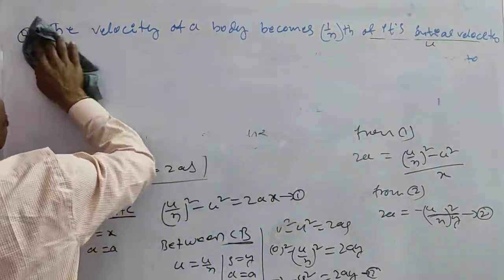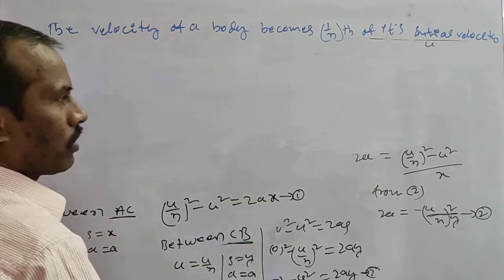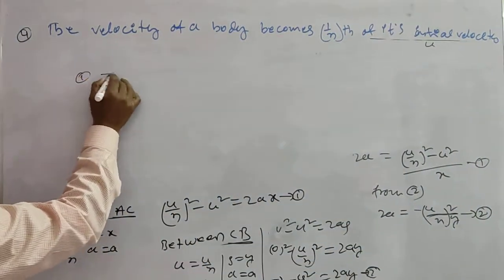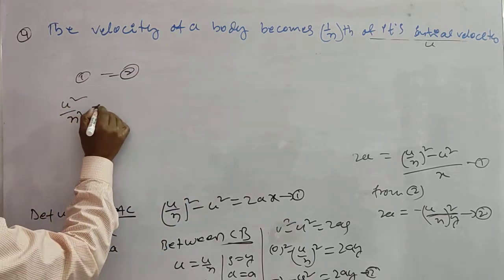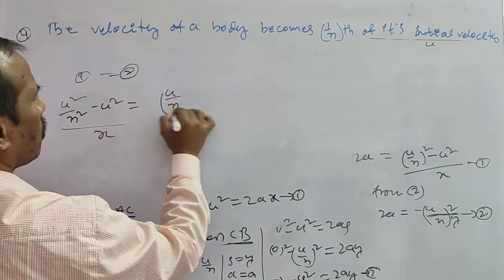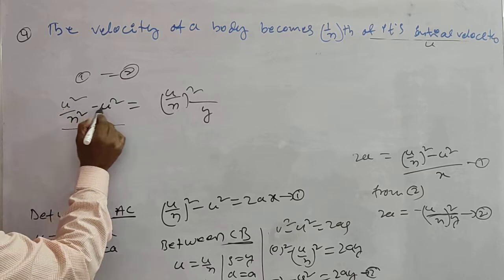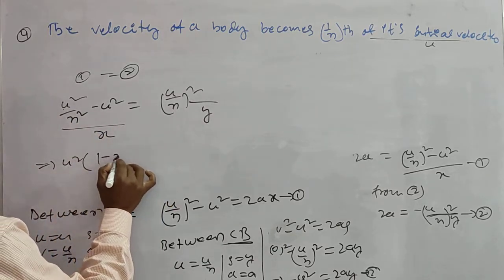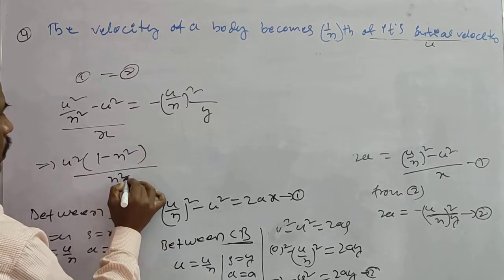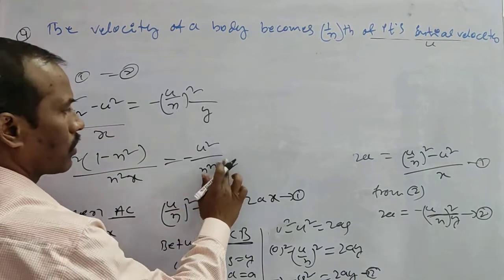Equating equation 1 and equation 2: u squared by n squared minus u squared by x is equal to minus u squared by n squared y. Simplifying, u squared is a common term, so u squared times (1 by n squared minus 1 by x) is equal to minus u squared by n squared y.